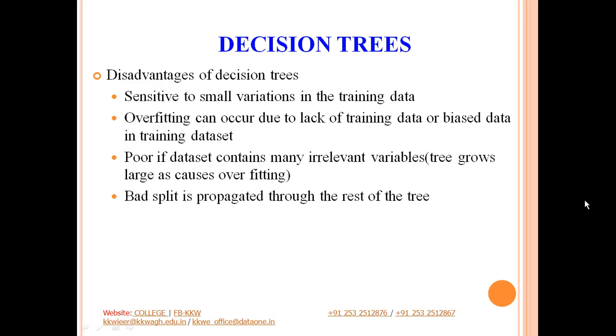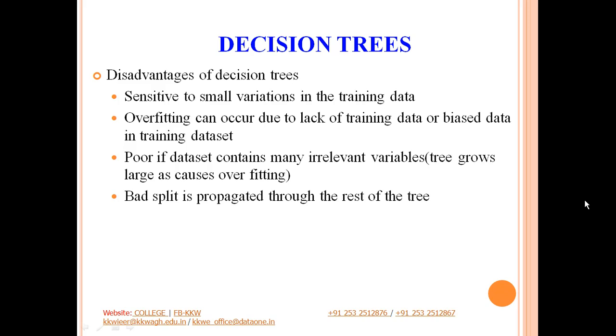And the last disadvantage is, if you make a bad split initially, that is, if you select a wrong attribute initially, then the same thing would be propagated throughout the rest of the tree. We don't want that to happen. So this is again one of the disadvantages of decision trees.